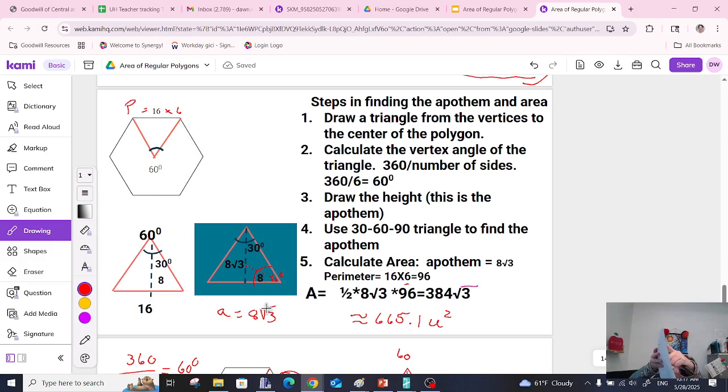Steps finding apothem and area. It's 1, 2. It just missed 3, 4, 5. Yeah, it does. 1, 2, 3, 4, 5. It accidentally cut them down. Yeah, those are the steps.